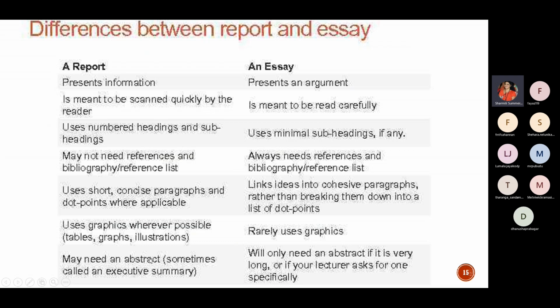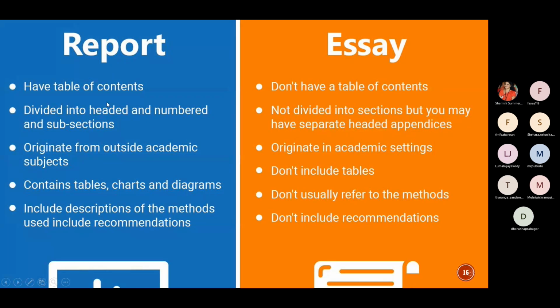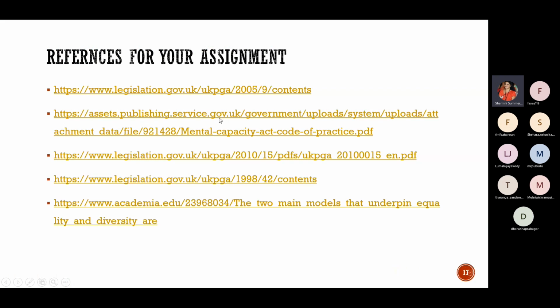And in the report, you need to write an abstract as well. An abstract is similar to a summary; sometimes we call it a summary. But normally in an essay, we are not writing any abstract, unless they ask for it. So this is also one difference you can find.